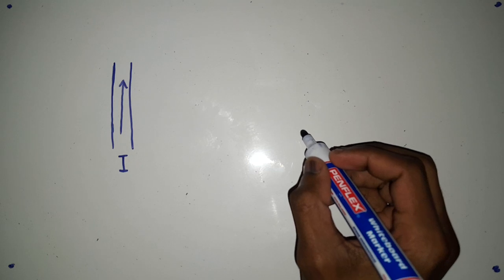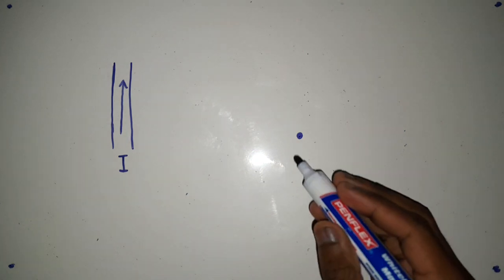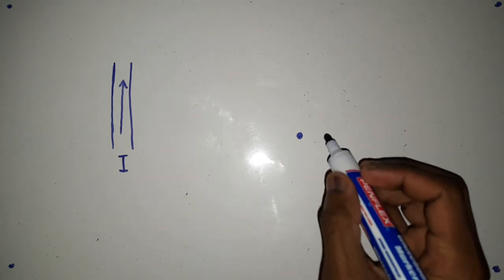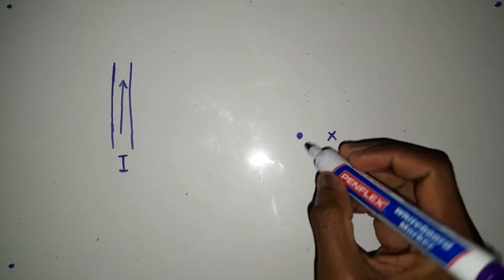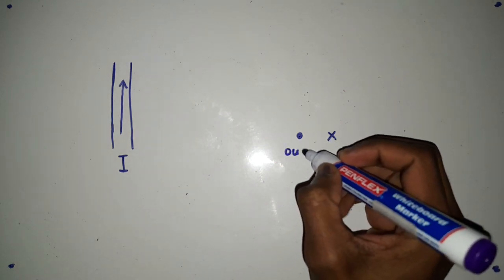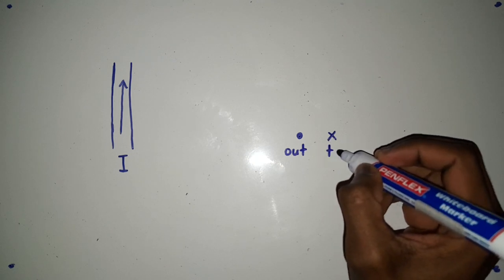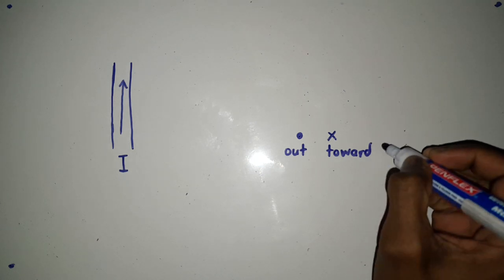Bear this in mind that when we draw a dot like this, this dot is moving out of the page. When we put an X like this, we say that something is moving towards or inside the page. This one is out of the page, this one is towards the page or inside the page.